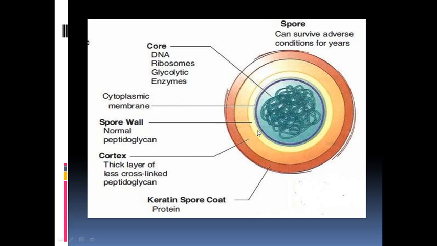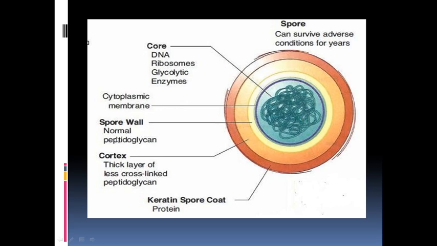This is the spore wall, this is called the cortex, and this is the keratin spore coat. The spore can survive adverse conditions for years. The spore core contains DNA, ribosomes and glycolytic enzymes, but this DNA and ribosomes are from the vegetative cell.